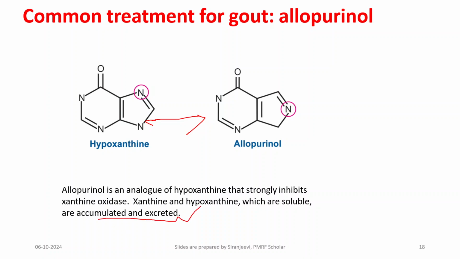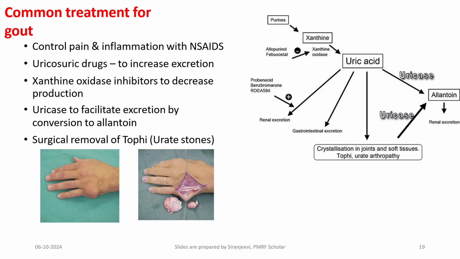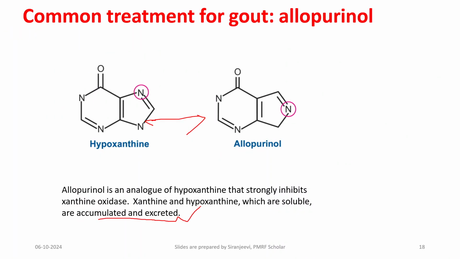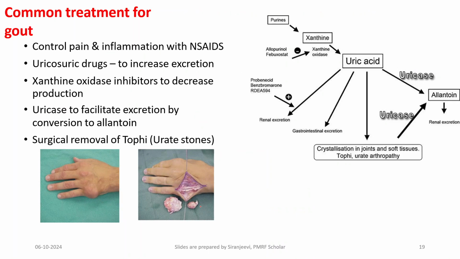The reason is these are soluble, whereas the uric acid is insoluble. The common treatment includes, people usually give allopurinol, and then sometimes they give other kinds of drugs like NSAIDs that will reduce the pain, such as probenecid and then benzbromarone and then RDEA 594.